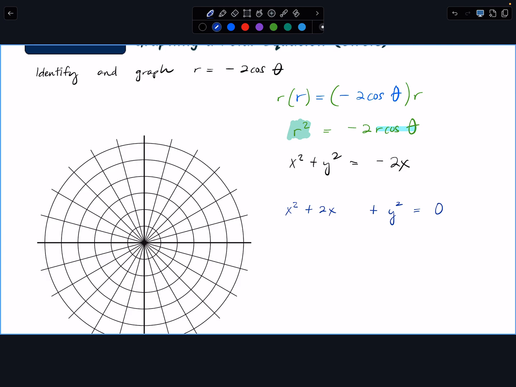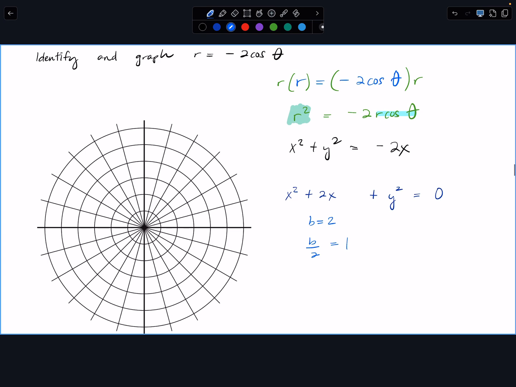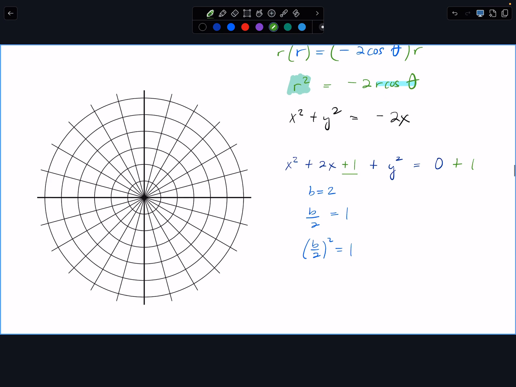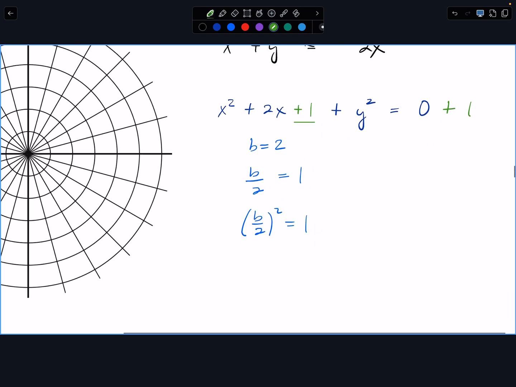Okay, so my b is 2. Cut in half, you get 1. Square it, you still get 1. So that means I'm going to add 1 right here, which means I need to add 1 over here. So using my work, I can rewrite this as x plus 1 squared plus y squared, and that's equal to 1.